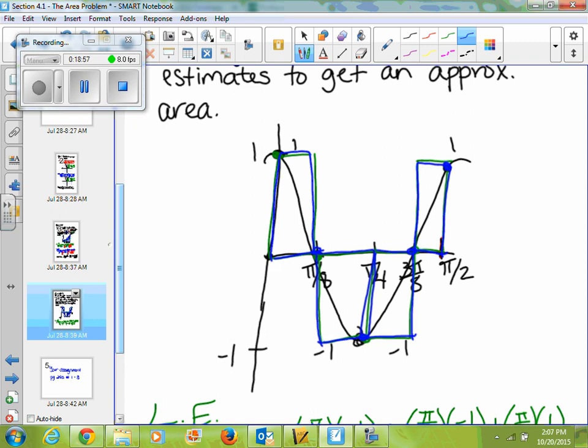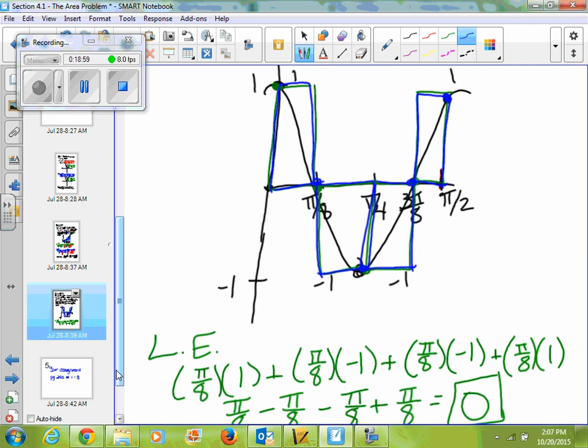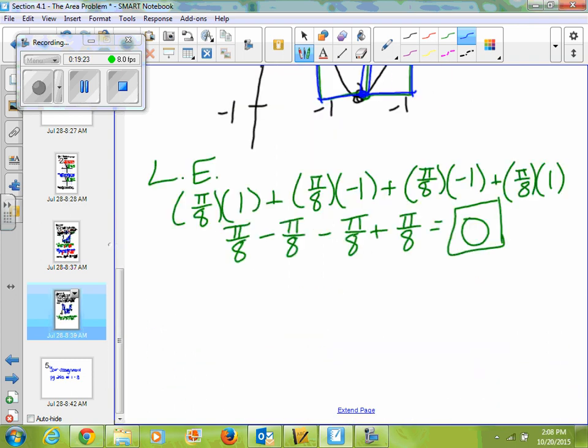Okay, well, what do you notice about your upper estimate rectangles as compared to your lower estimate rectangles? They're the same. Okay, so your upper estimate and your lower estimate rectangles end up being the same. So instead of going through all defining areas, I just know that then my upper estimate is also going to be equal to 0 because the rectangles ended up being the same.